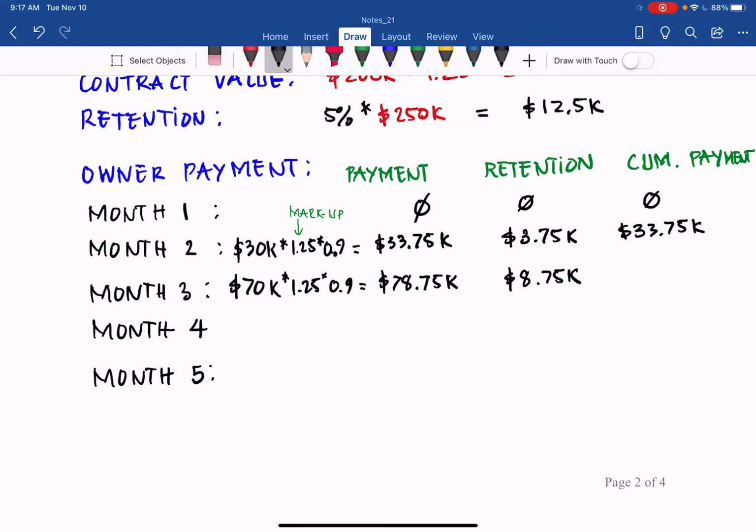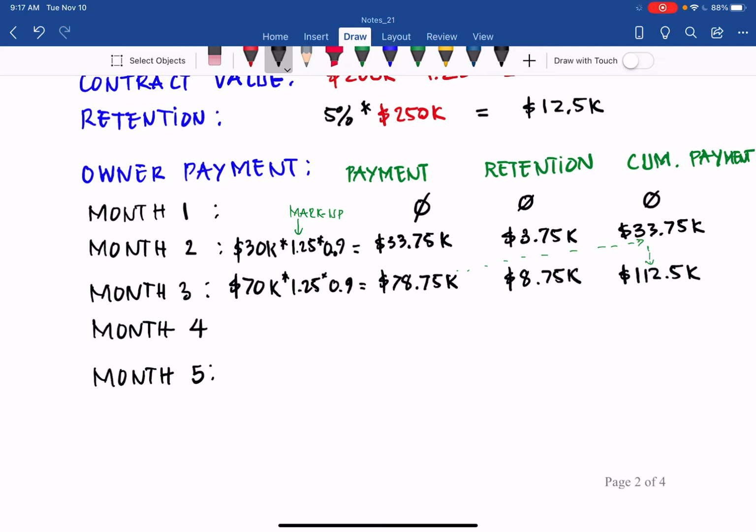And the cumulative, we add this to this, and we get now 112,500.